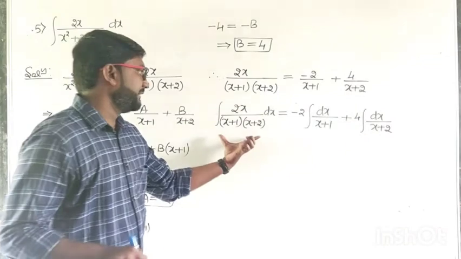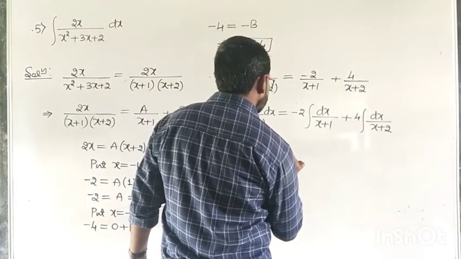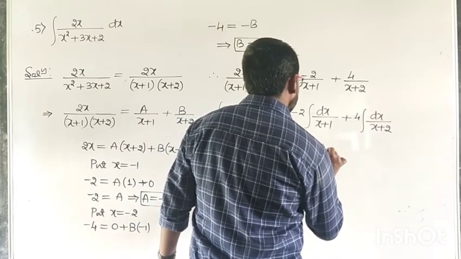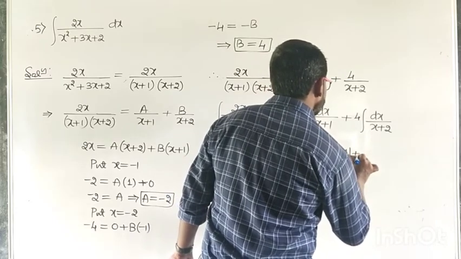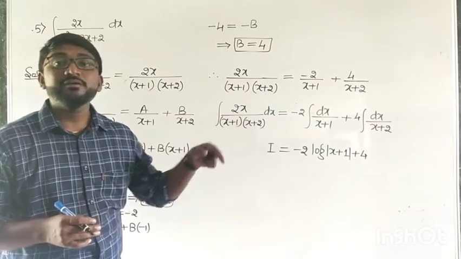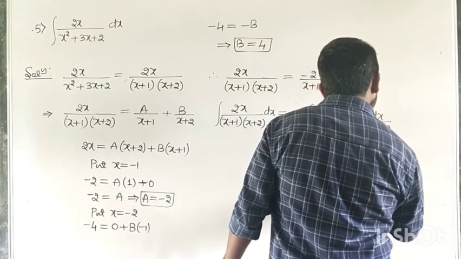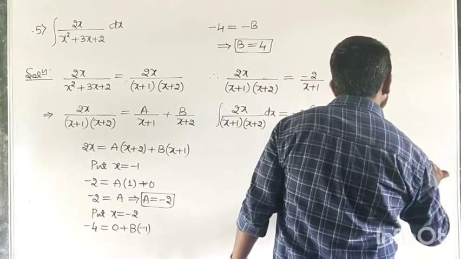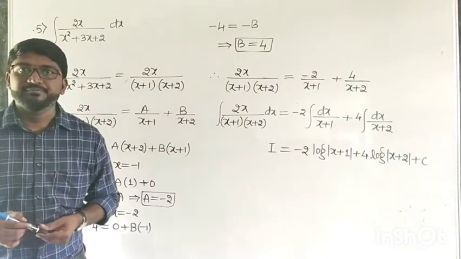So now I write this as it is, or else take this as I, which equals minus 2 log mod x plus 1 plus 4 log mod x plus 2 plus c. So this is all about the fifth problem.